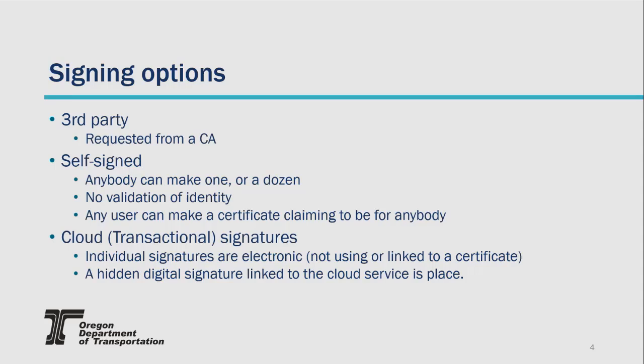And cloud or transactional signatures tend not to meet OSBEELS requirements, because they don't have digital signatures assigned to each individual. They have a digital signature that's hidden in the document, so they tend not to meet the requirements.